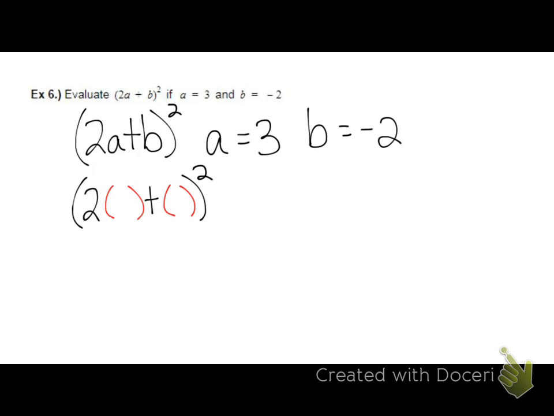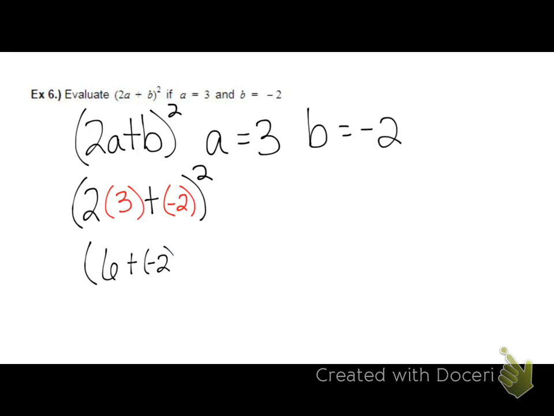Inside the parentheses that I put for A, what number am I plugging in? 3. And for my parentheses for B, a -2. By my order of operations, where do I begin? Inside the parentheses. So inside the parentheses, I'm multiplying and I'm adding. Which one comes first? Multiplying. So the first thing we're going to do is take 2 times 3, which gives me 6.